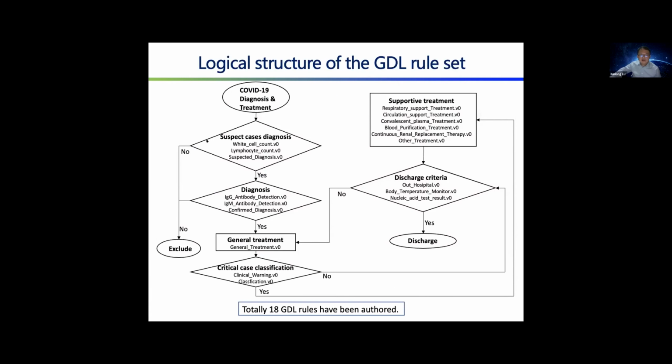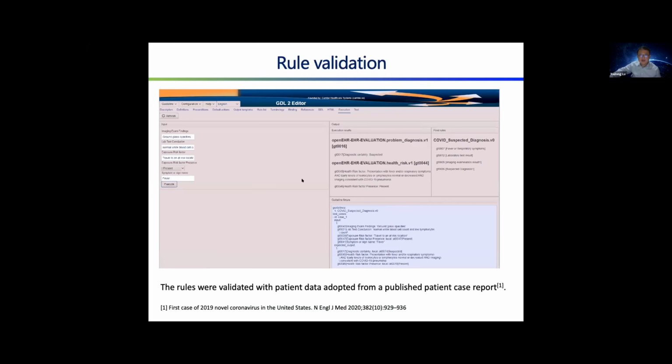In total, we have developed 18 GDL rules, including suspected case diagnosis, diagnosis, clinical case classification, and later the discharge criteria rules. So all these rules cover the whole process of COVID-19 patients in hospital.